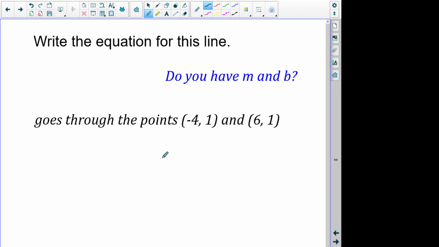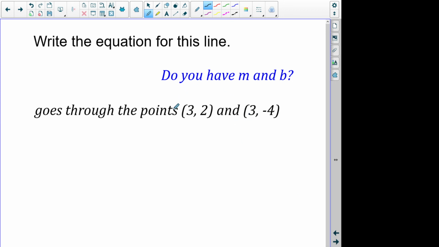So I have a couple more examples here, but I'm going to leave these examples to you. I would take a look at these points and see if you can figure out what kind of line this is. You might think about how much the y value changes here. I know that my y value here is not changing, so think about what that means.